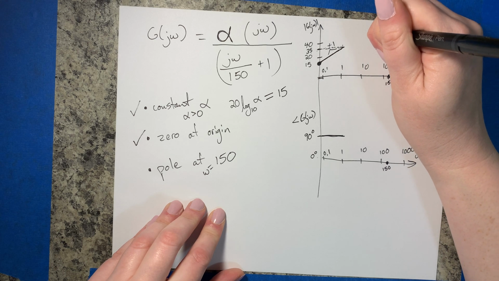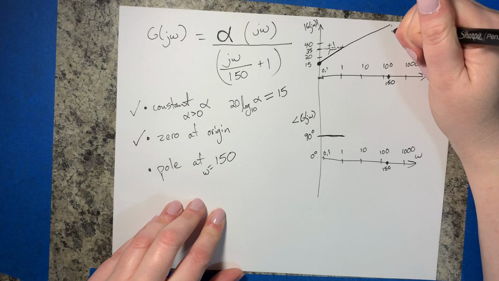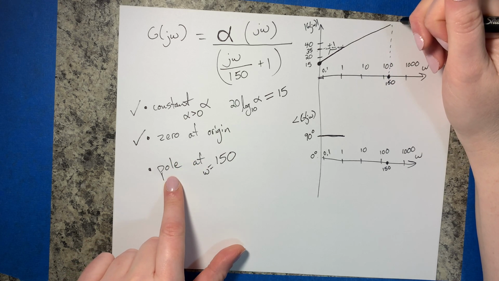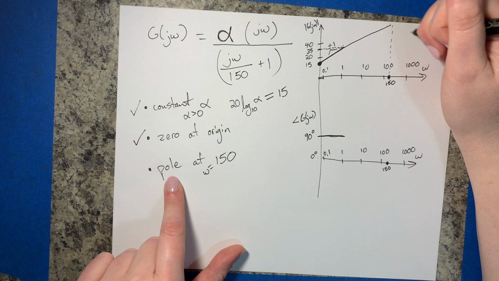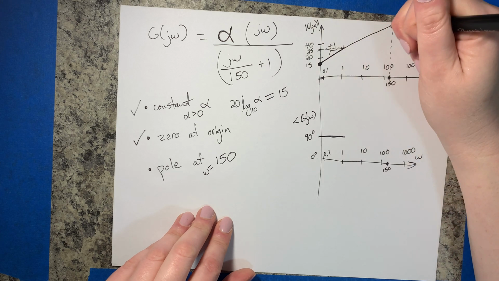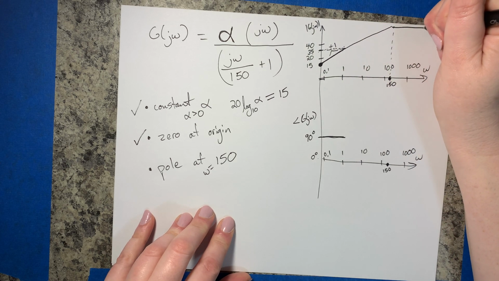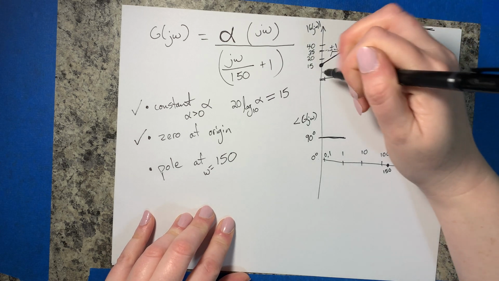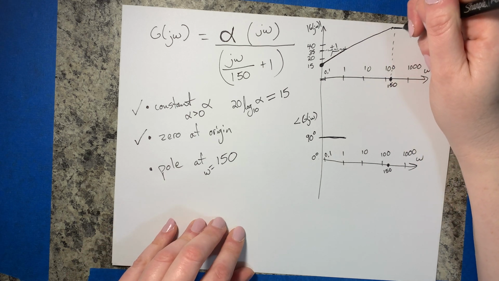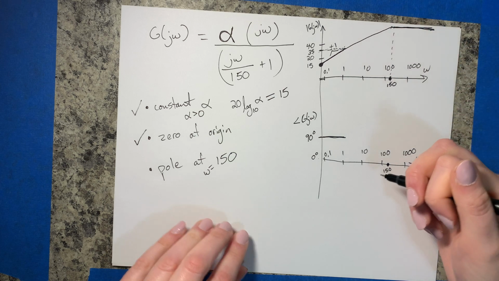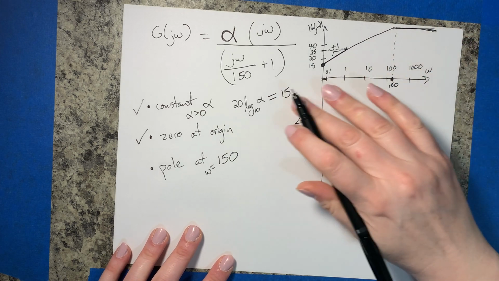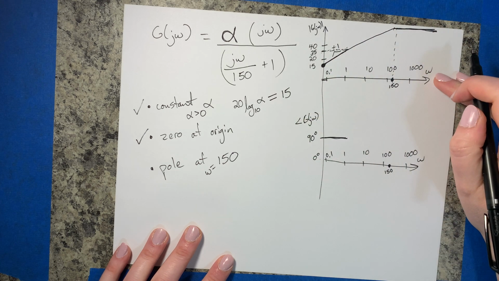So I'm going to go ahead and continue the magnitude plot all the way out here to 150. Now, the pole gives us a -1 shift or a minus 20 dB per decade. And since we already had that plus 1, it just levels out. Our slope is now 0. We had a plus 1. We've added a -1 slope. And so we have 0 slope, that is. Okay, so that's what our finished magnitude Bode plot looks like.